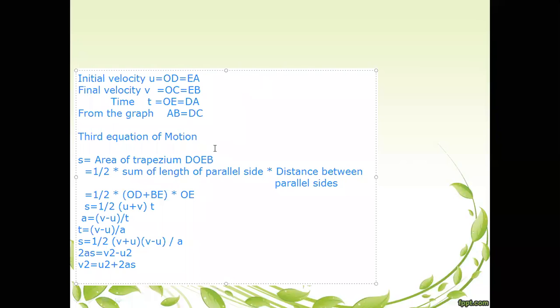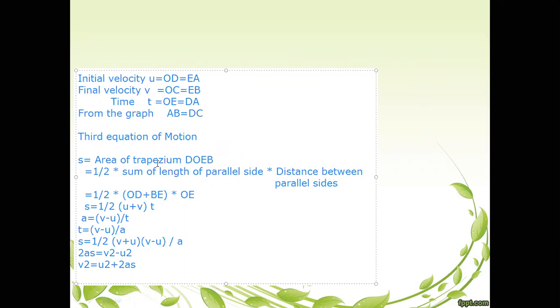Now we calculate the third equation of motion. We find out the distance covered by the object during that time. It is a quadrilateral, but it is also a trapezium. So the distance equal to the area of the trapezium DOEB.